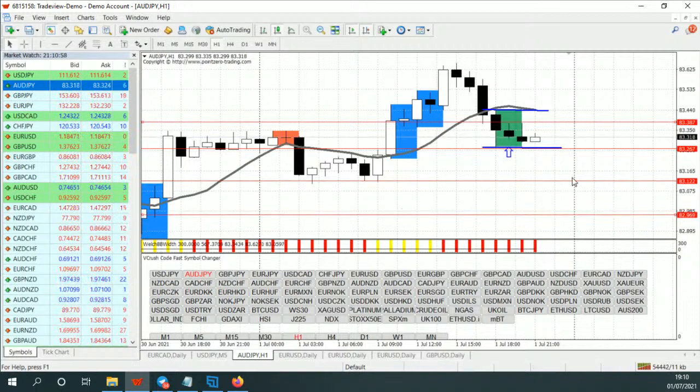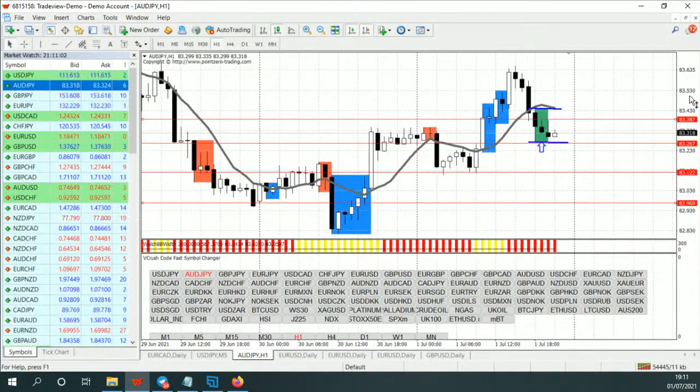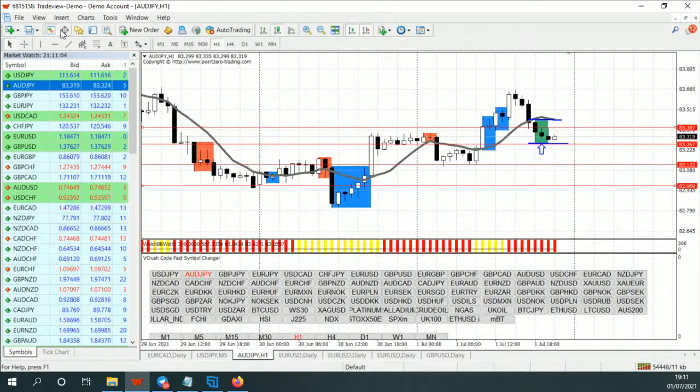If you want TP3, you can add it as well, maybe somewhere around there. So you have TP1, TP2, TP3 based on the stop loss. The stop loss will determine your take profit target.